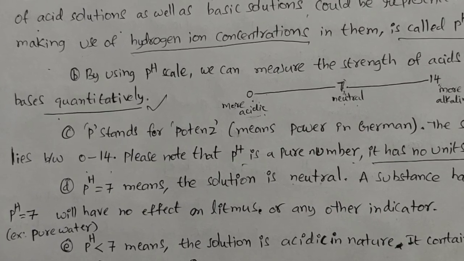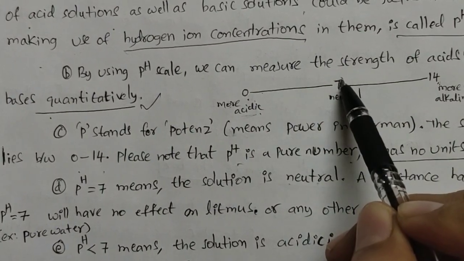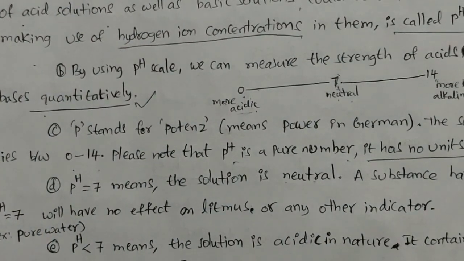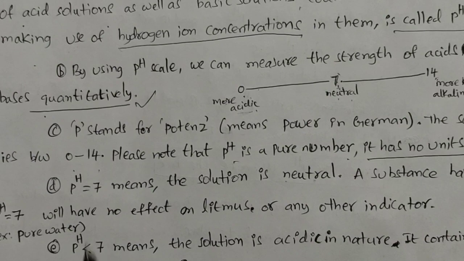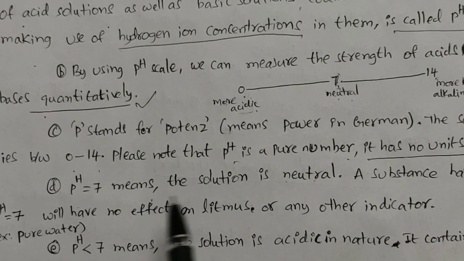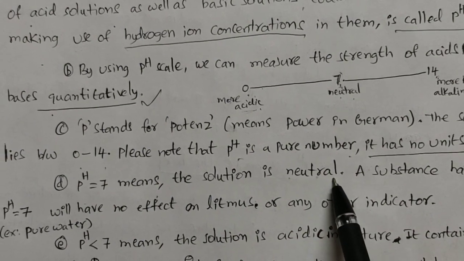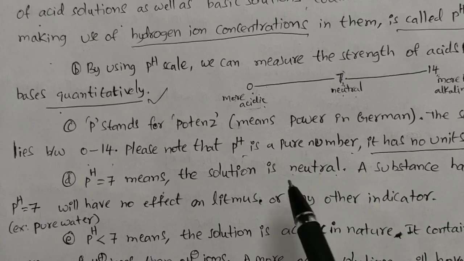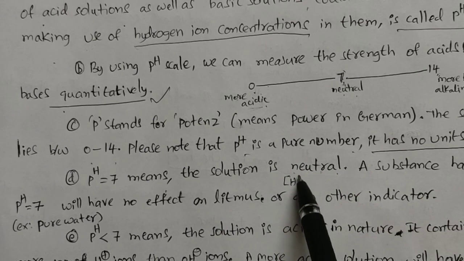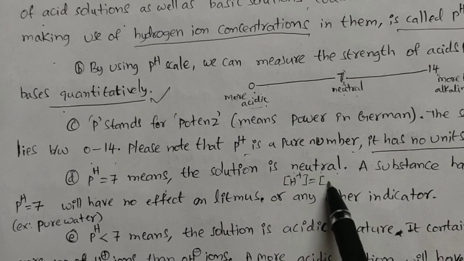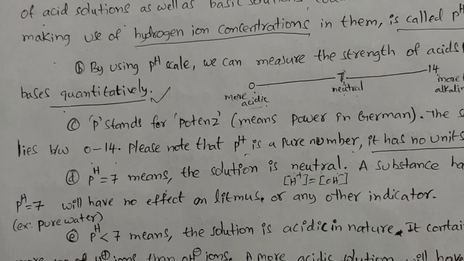Next, say for example a solution has pH 7. What does it mean? pH equal to 7 means the solution is neutral. Solution is neutral means the H plus ion concentration and OH minus ion concentration present in this solution are equal. In that case only it is neutral.